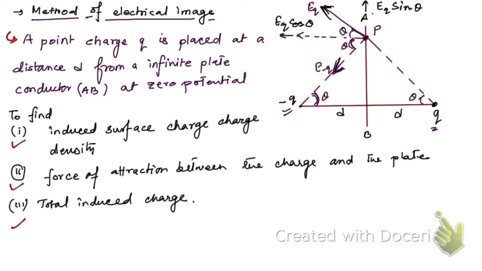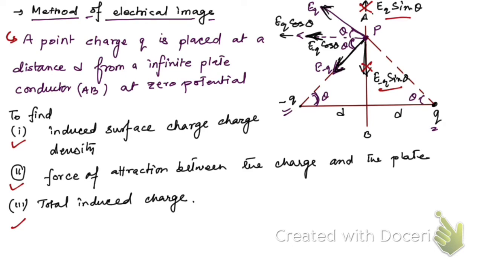Similarly, for this electric field which is towards the negative charge, we have E_minus q cos theta in this direction, and another in this downward direction, E_minus q sin theta. Right, that's what we're going to have. Hope you have understood this. And these sine components are equal and opposite, so these two components will be cancelled.